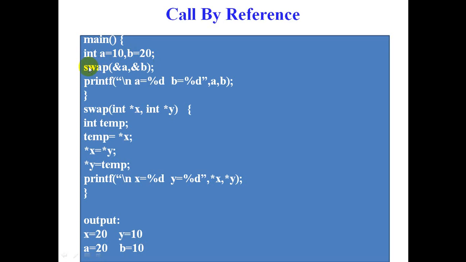Next I have taken a swap function. Inside the swap function I am sending the address of these two variables. These two are the actual parameters. The variables which are in the main function are called actual parameters. So here I am sending the addresses of these two actual parameters.